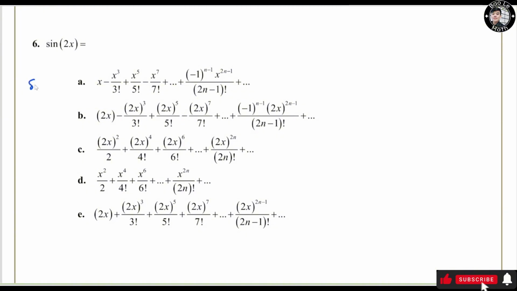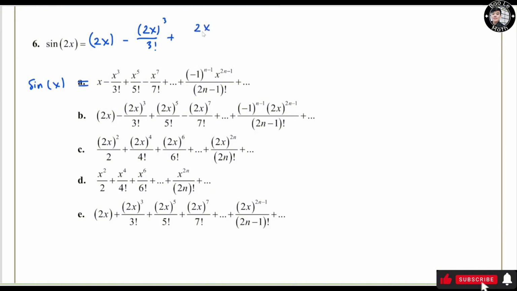Alright, so this one is sine of s equal this one, right? Now sine of 2s, you just replace s with 2s, so it can be 2s minus (2s)^3 over 3 factorial, right?